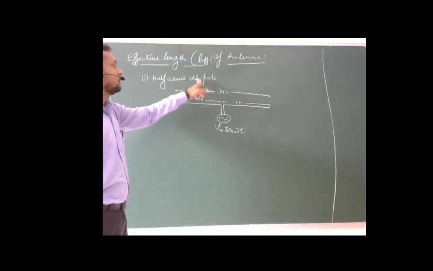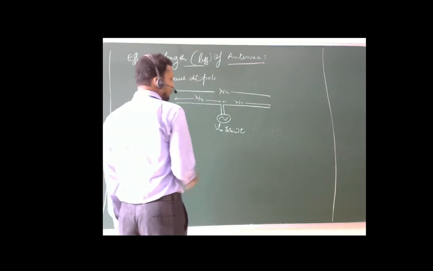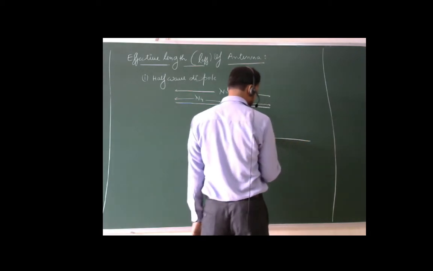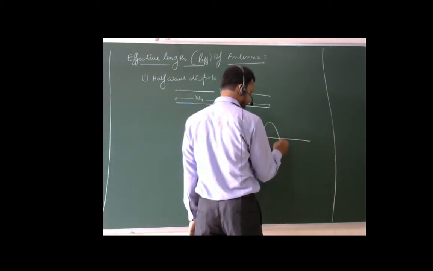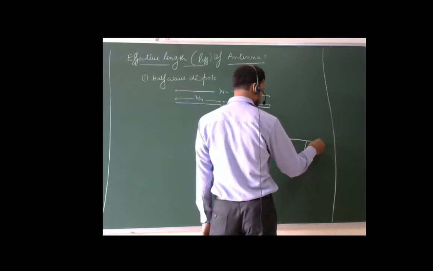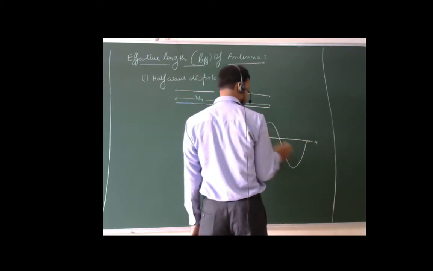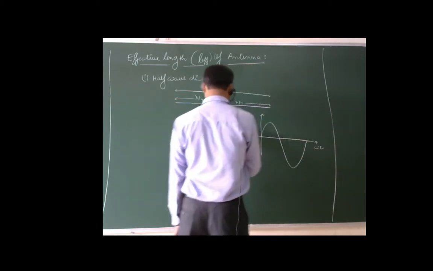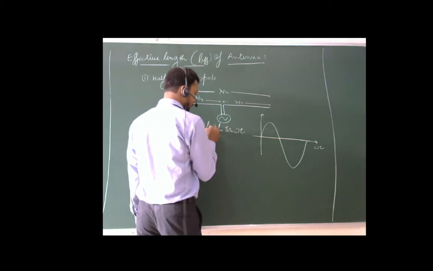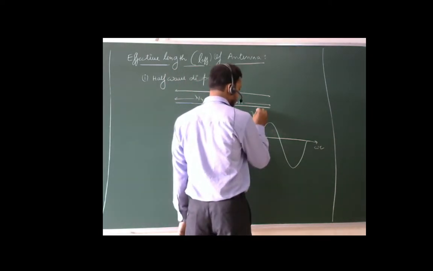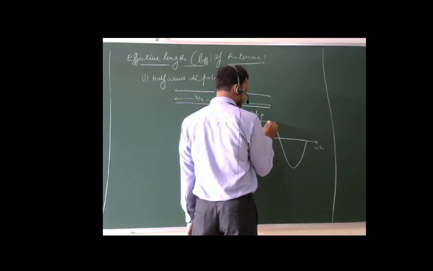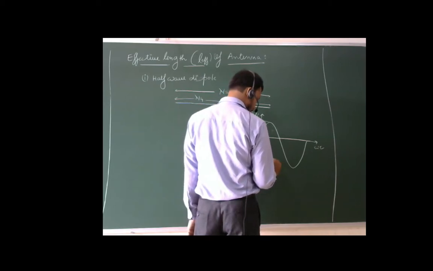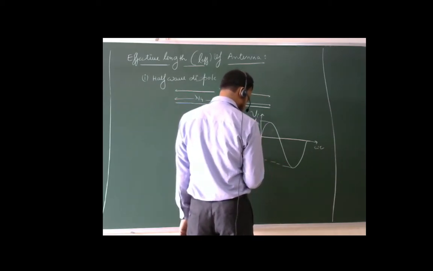Now, why is it called a dipole? Because if the sinusoidal signal is applied, this Vi has a maximum value of Vm, and this is minus Vm.